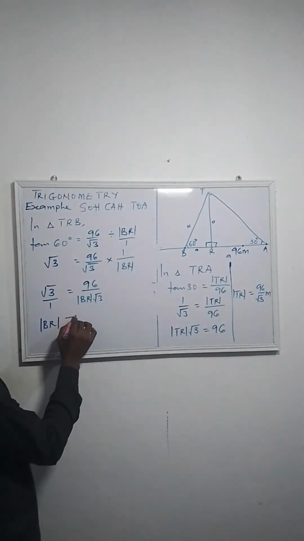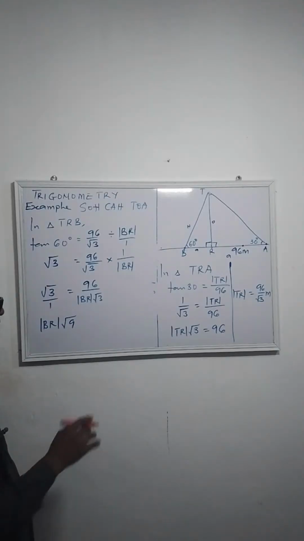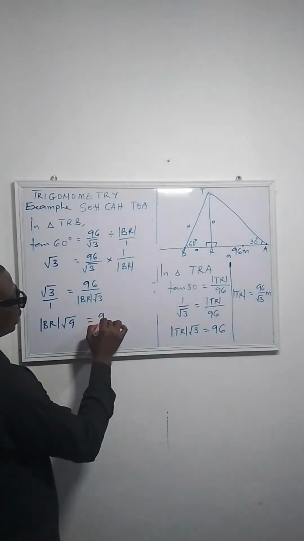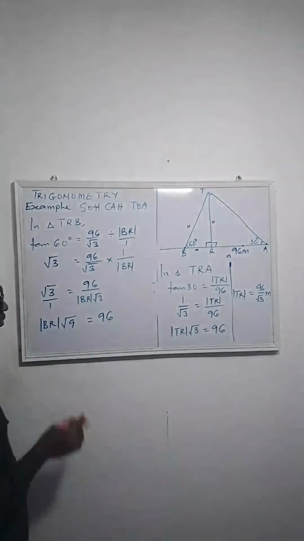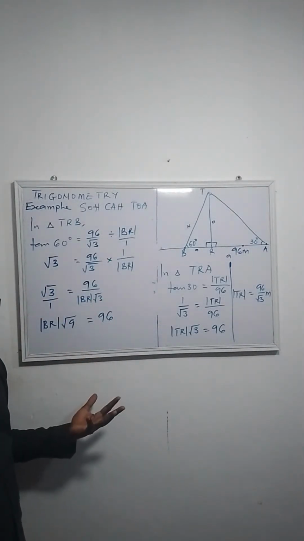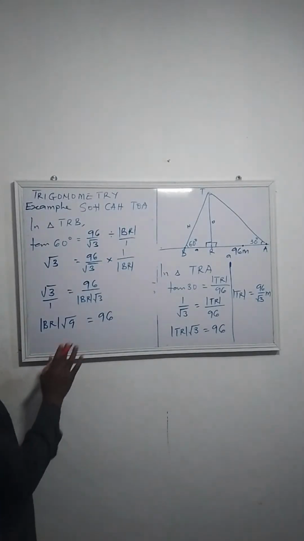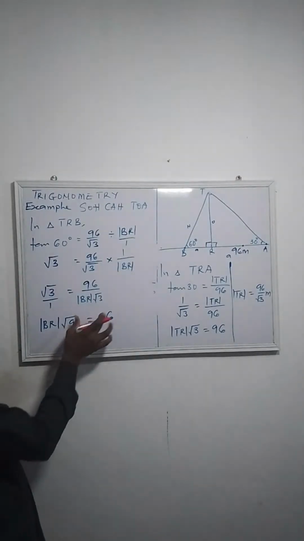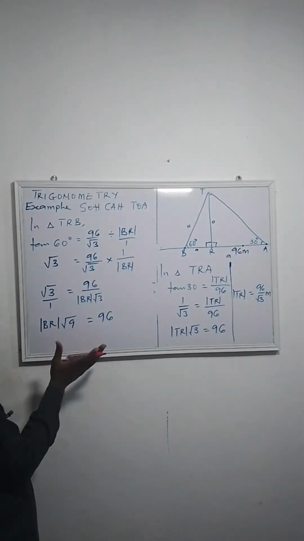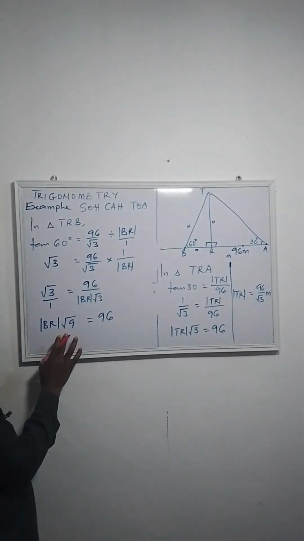Now this square root of 3 multiplies this radical, so we have square root of 9, or you simply write 3, equals 96. You know, square root of 3 times square root of 3 gives you square root of 9, and square root of 9 is 3.